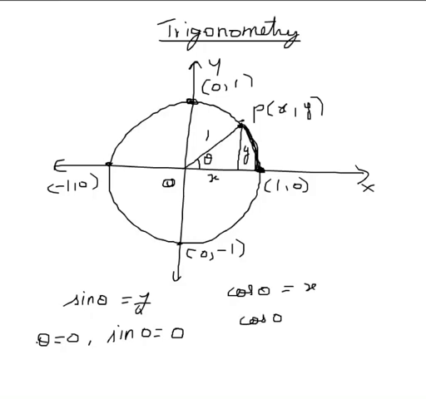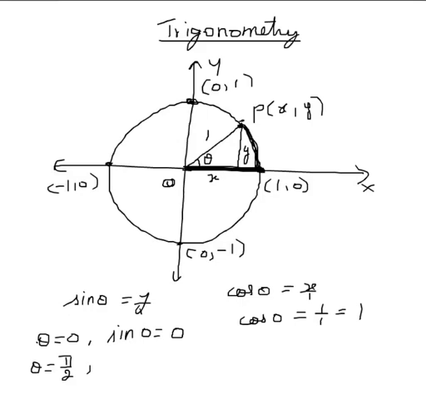Now cos 0. Cos is x by 1, and the x coordinate is 1 when theta is 0, so 1 by 1, the answer is 1. Cos 0 value is 1.